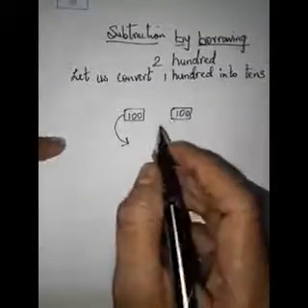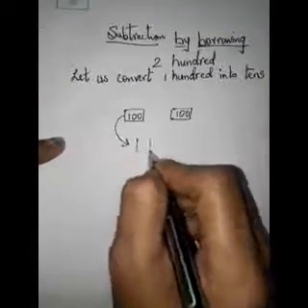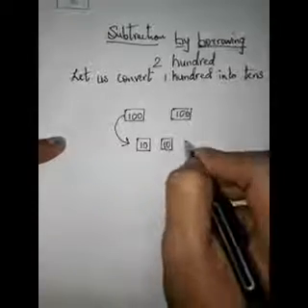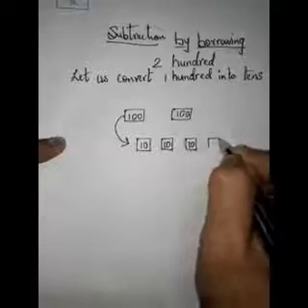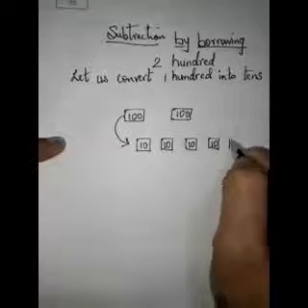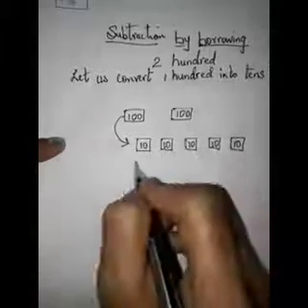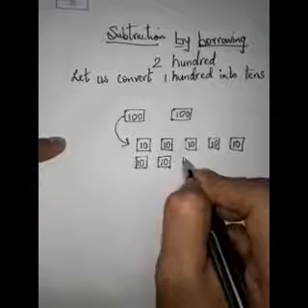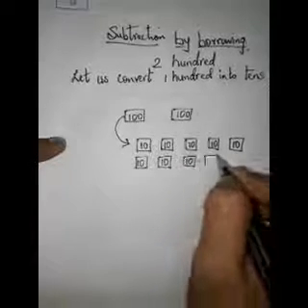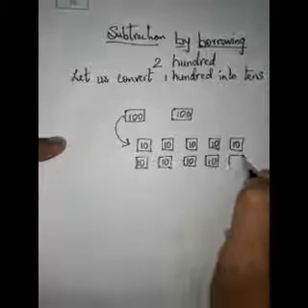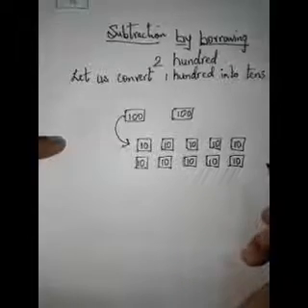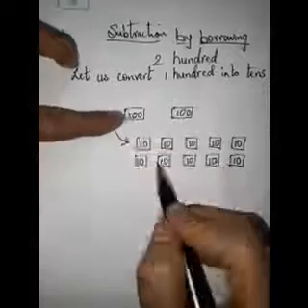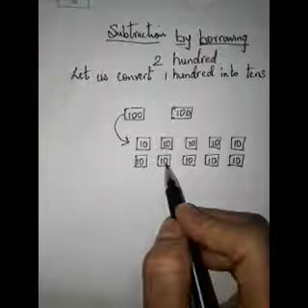So 100 is equal to 10 tens. 1 ten, 2 tens, 3 tens, 4 tens, 5 tens, 6 tens, 7 tens, 8 tens, 9 tens and this is 10 tens. So this is 100 left over here and this 100 is converted into 10 tens.